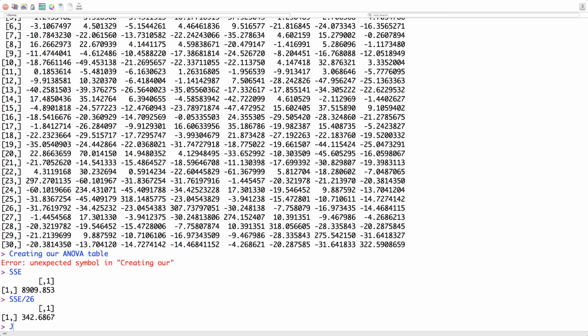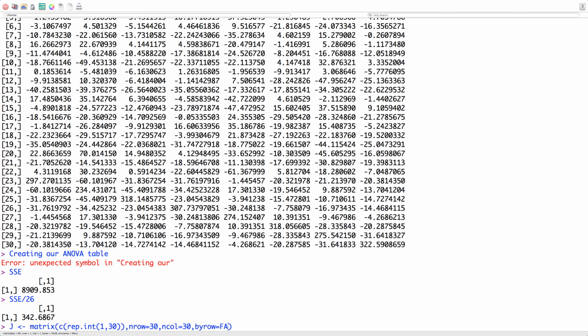I would go repeat, let's do this, c, repeat integer 1 30 times, in row would be equal to 30, in column would be equal to 30, by row equal false.